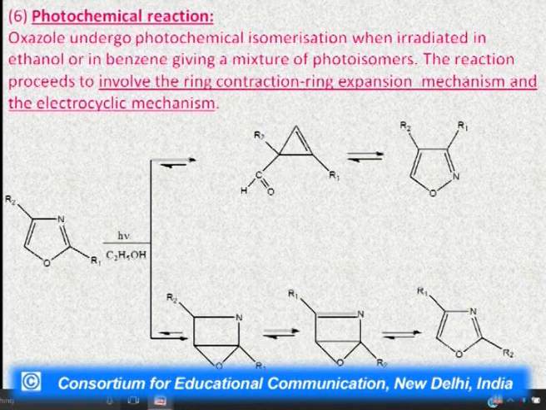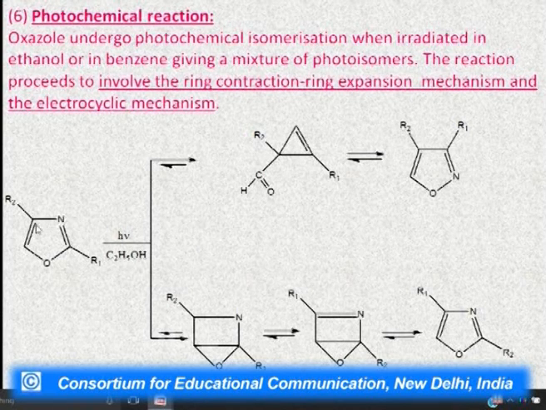Oxazole also undergoes photochemical reactions. Oxazole undergoes photochemical isomerization when it is irradiated in ethanol or in benzene, giving a mixture of photoisomers. The reaction proceeds through ring contraction, ring expansion and electrocyclic mechanisms. So three different mechanisms are going on simultaneously: ring contraction, ring expansion and the electrocyclic mechanism.